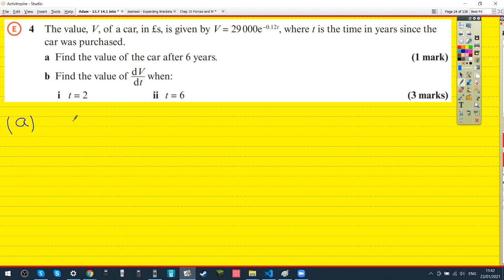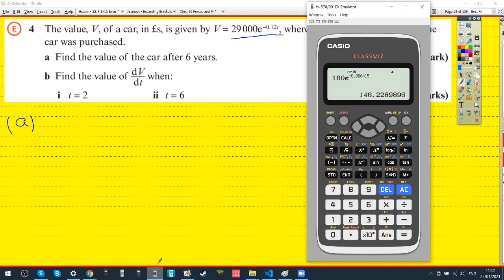So it's real world, the overall value of the car in money. So you'd find the derivative. That would be the rate of decrease. So you would just sub 6 in for t, all in one go. Oh, yeah.